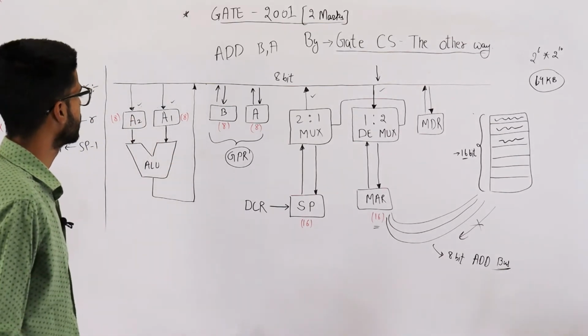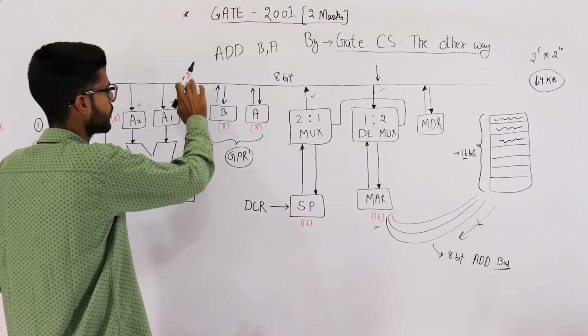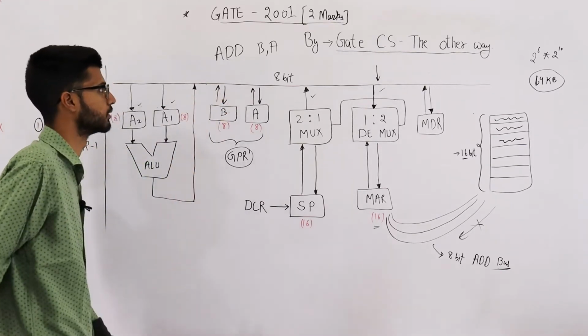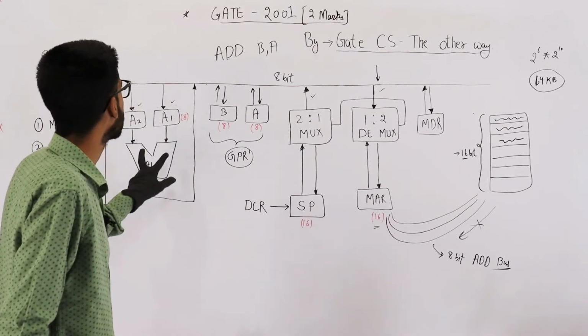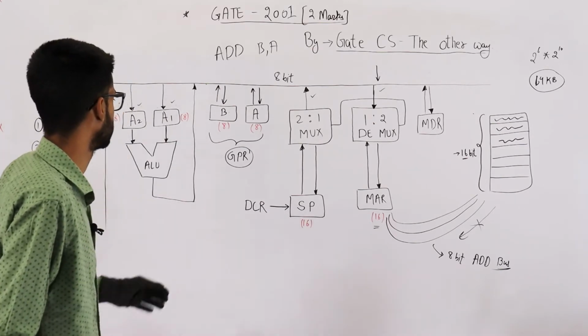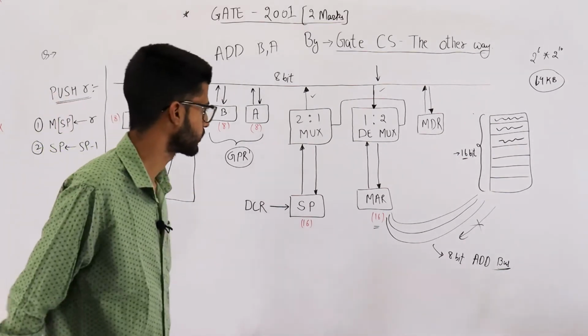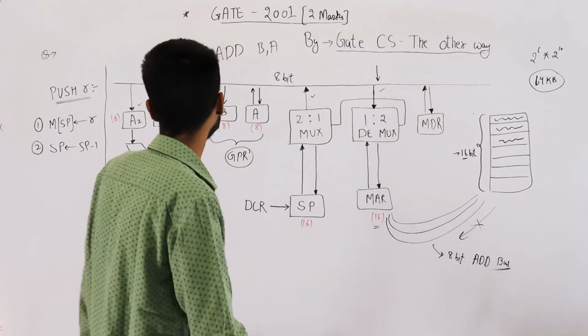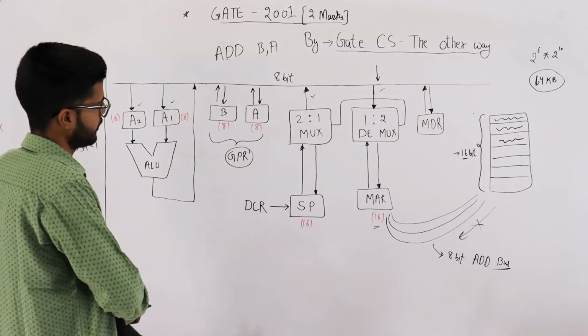Second thing is, these values will be added by the ALU and the result will be moved into the B register. Okay. So these two registers are only for the ALU. That means they act as a temporary buffer to store our operands. That's what accumulators generally do. Anyways, let's see the next points.